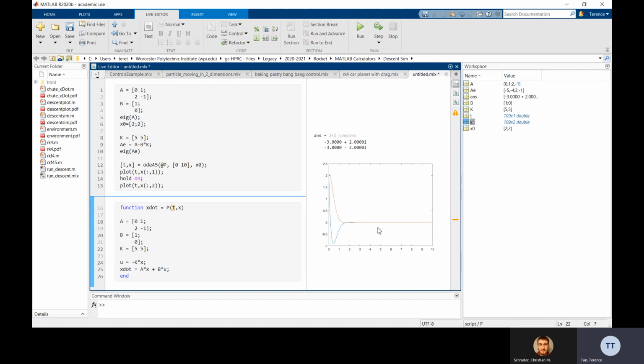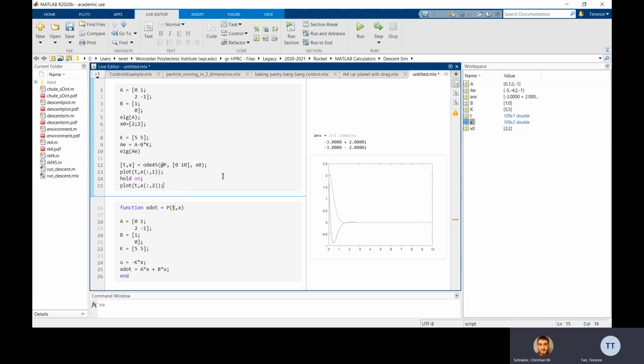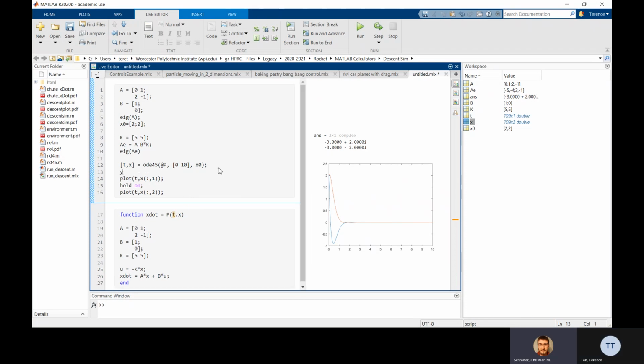Oh, so this component is overdamped. Maybe. Do you want to put a y line in there? Yes. Do it on the top so it's on the bottom. Okay. Sorry, that sounded weird. Do it before the other thing so it shows up underneath the other lines.